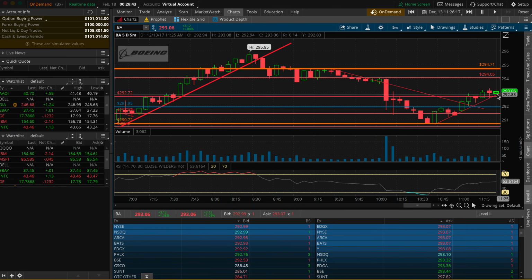All right, uptrend is still intact. See, double support right here. See if it holds. It's 11:30. There's an hour and a half left of trading.